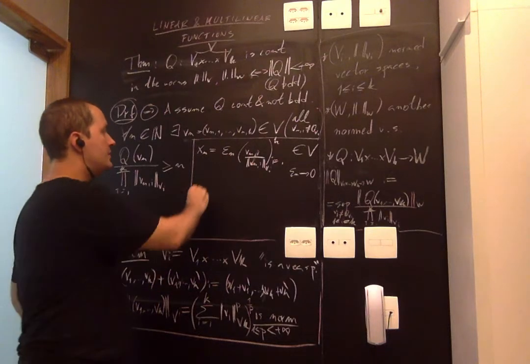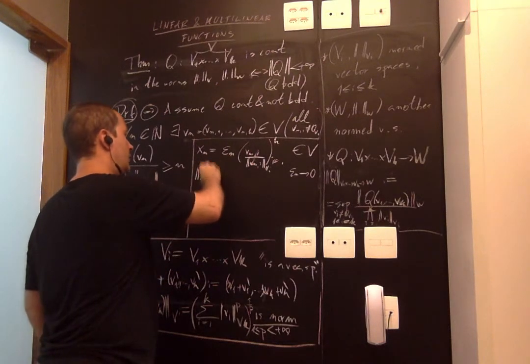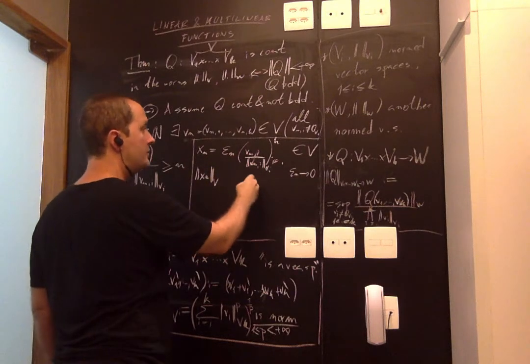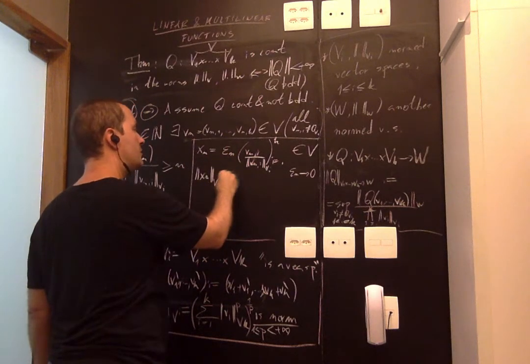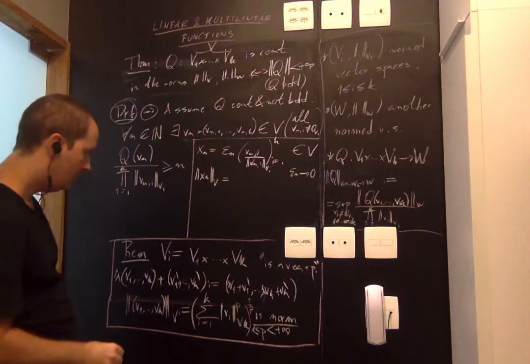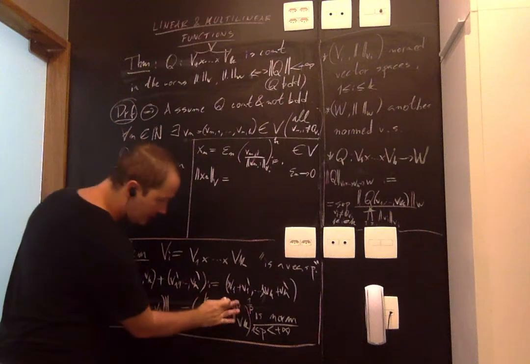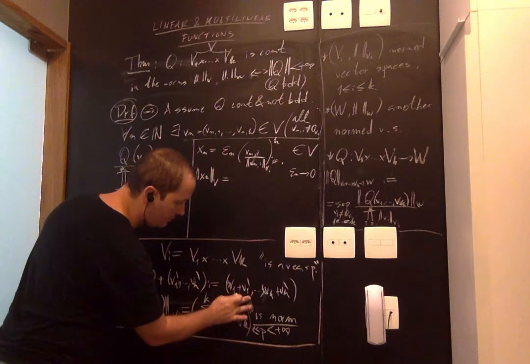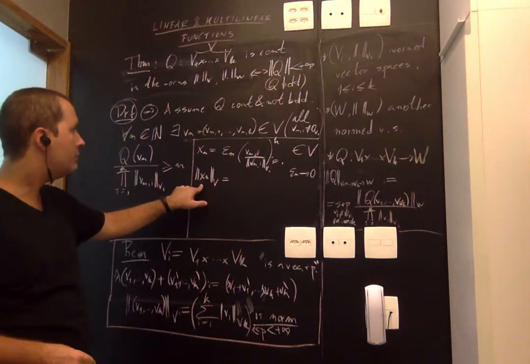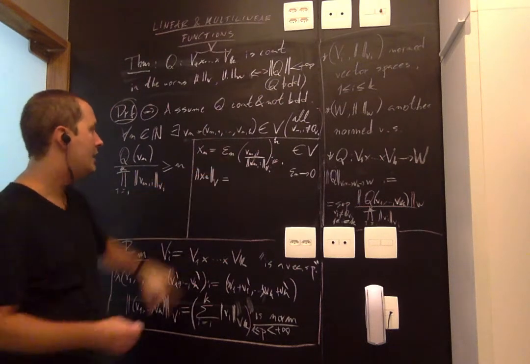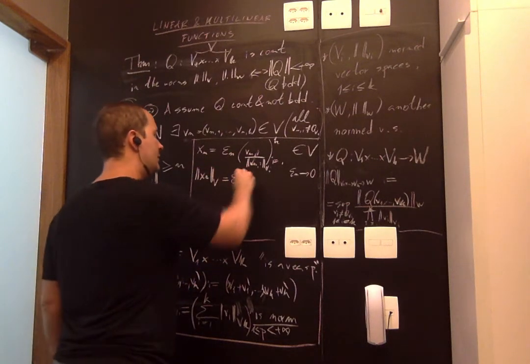Okay, but the first thing is, I want to argue that this sequence x sub n goes to 0 when n goes to infinity. How do I do that? Well, I need to look at the norm of this and show that the norm goes to 0. Let me go back to the 1 norm here, in case p equals 1. How do I compute the norm of x sub n? Well, I'm multiplying by a scalar, so the scalar is going to be here.